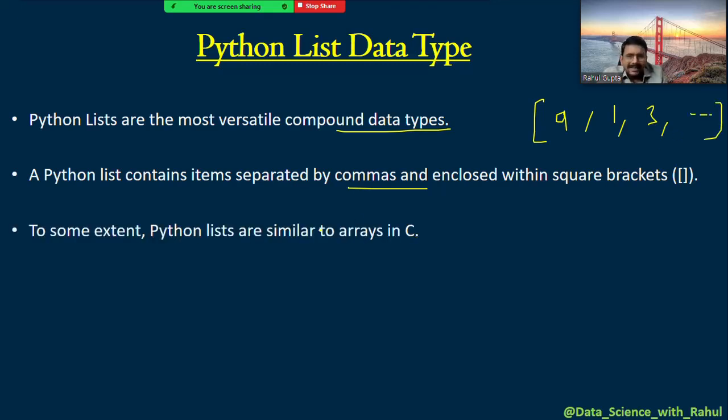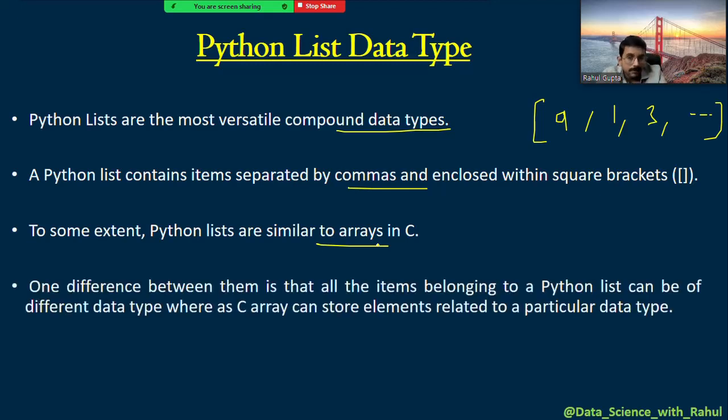It is to some extent similar to an array that we have learned in C programming or any other programming, but there is a subtle difference. What is the difference? In C, an array can have similar data types only.